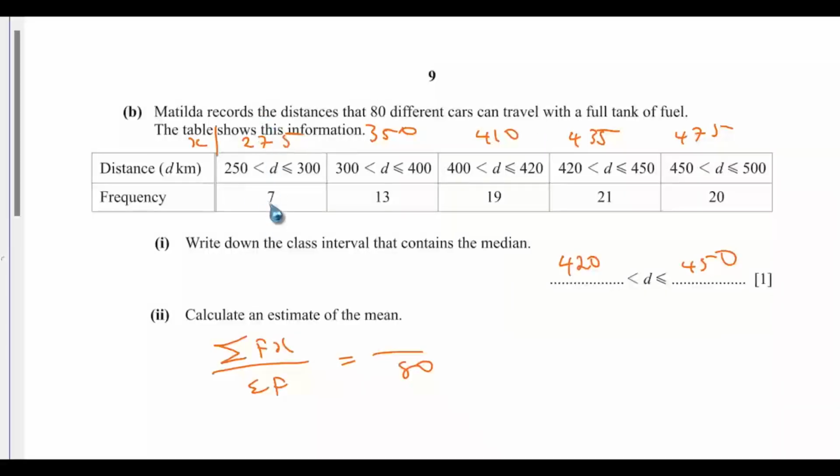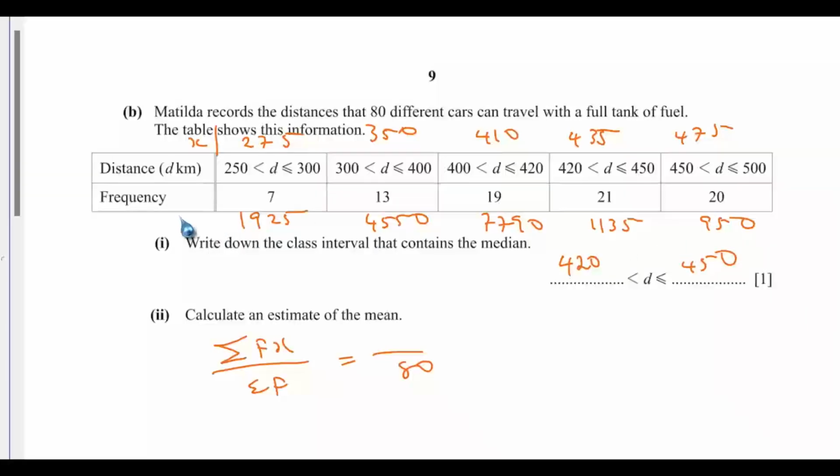Now we need to get the product. So x times f will be each of these multiplied by each of the frequencies. For this column, it will be 1925. This times this, that is 13 times 350, will give you 4550. 410 multiplied by 19 will give you 7790. This will give you 1135, and this will give you 950.